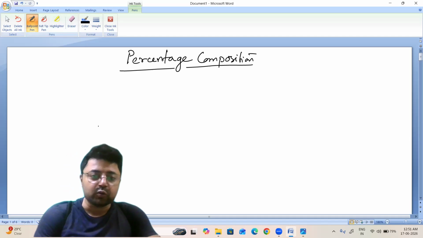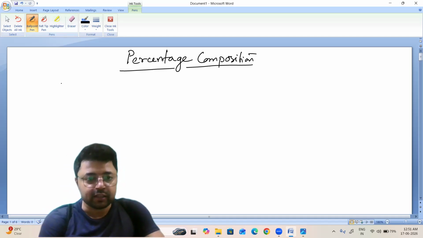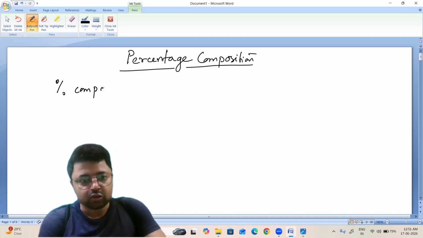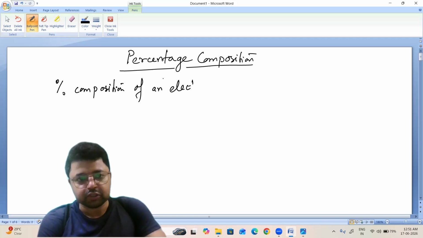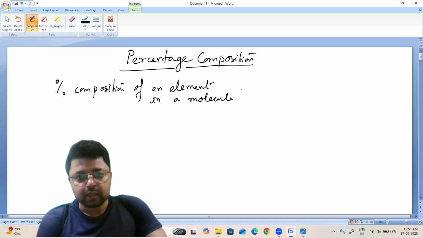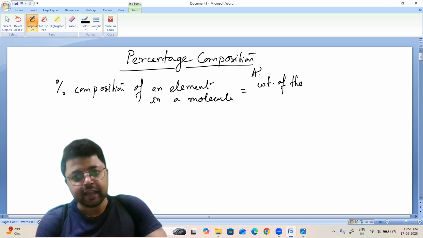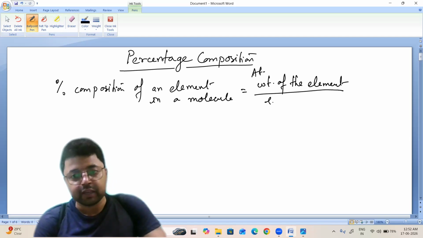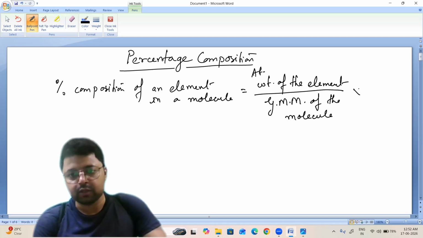So here, what you have to do, you have to find the percentage composition. Whenever you find the percentage composition of an element in a molecule, you will do the atomic weight of the element over the gram molecular mass or gram molecular weight of the overall molecule, times 100.